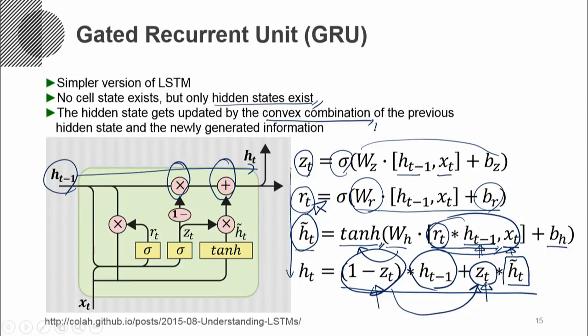The intuition is that if we want to add 30% of the current information, then we have to forget 70% of the previous information. That's the intuition behind this convex combination. In this manner, GRU significantly simplified the process in the LSTM, and its performance was shown to be almost comparable to LSTM, so people often use GRU instead of LSTM.